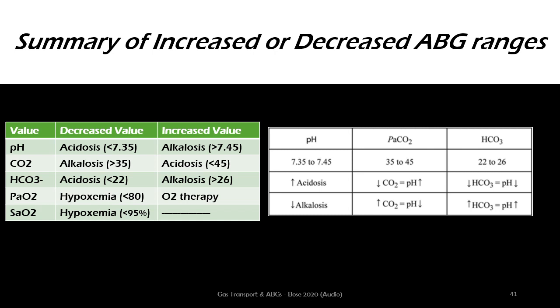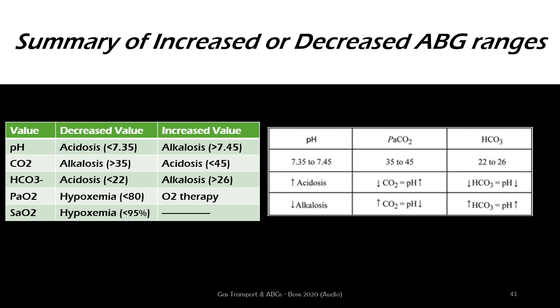PaO2 tells us of the dissolved oxygen status. It does not contribute to the pH. Less than 80 is hypoxemic. It indicates the need for supplemental oxygen. Because dissolved oxygen does not contribute to the acid-base status, supplemental oxygen is not a cure for impaired acid-base.